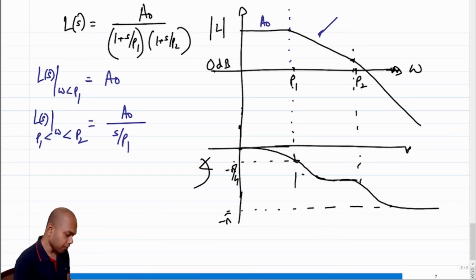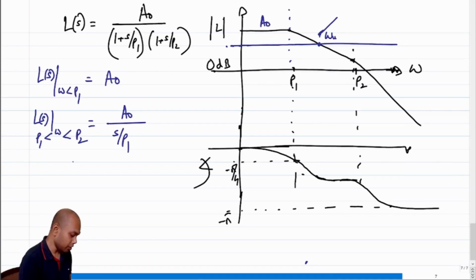So this will be A0 by omega by P1. So if the unity gain frequency lies somewhere here, right? If the unity gain frequency lies here, let's say if this is omega U, this point, right? Then what should I see?